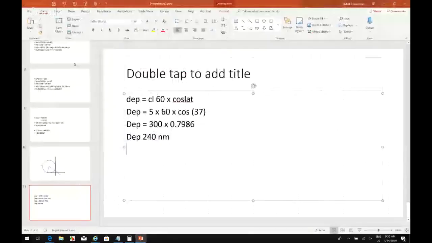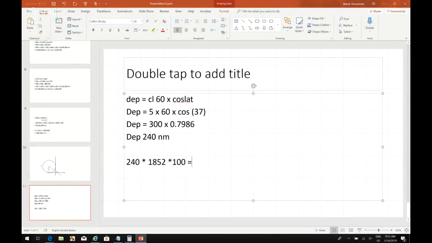So the scale is 240 times 1852 to get kilometers times 100 to get centimeters equals 240 times 1852 times 100 is 44.5 million. So 480 centimeters.